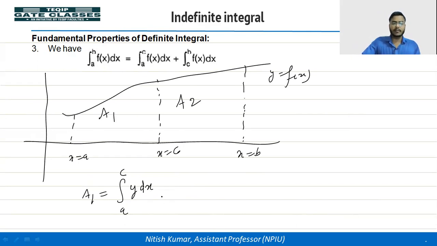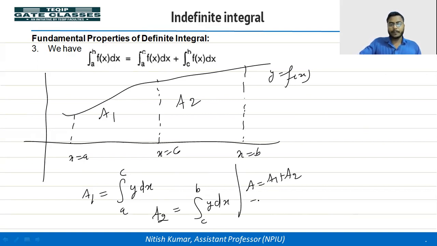We can write or not? We can write. And a2 we can write c to b y dx. So total area we can calculate a1 plus a2. We can write a to c y dx plus integration c to b y dx.